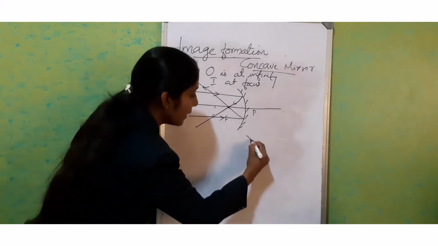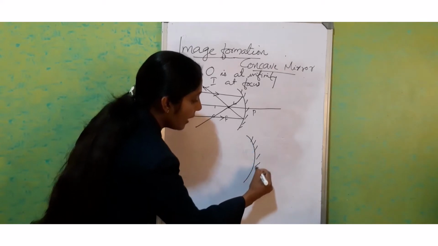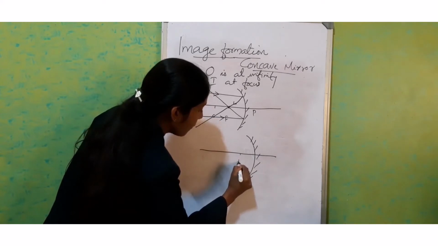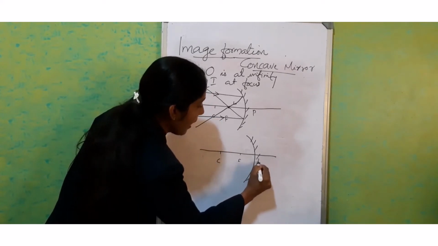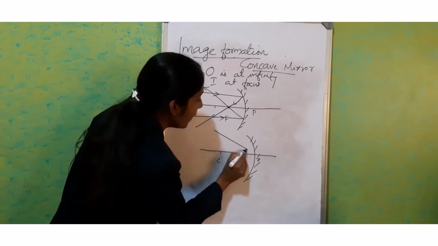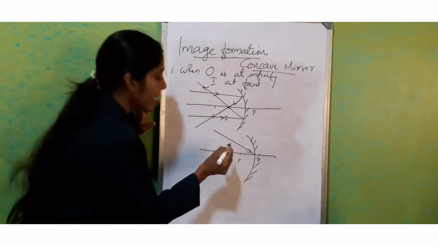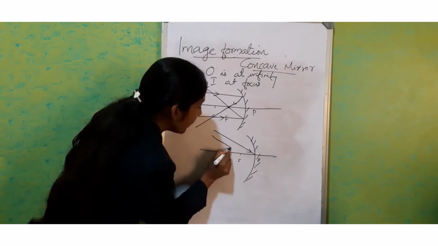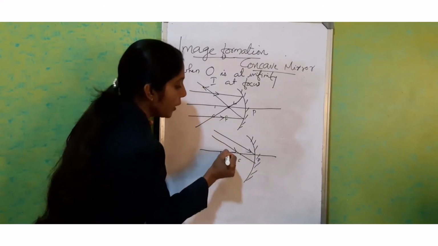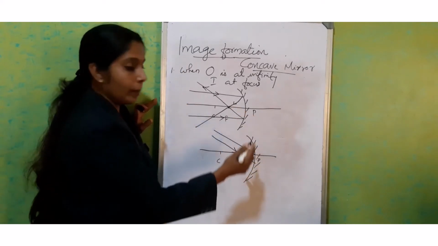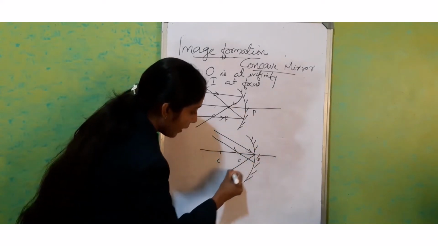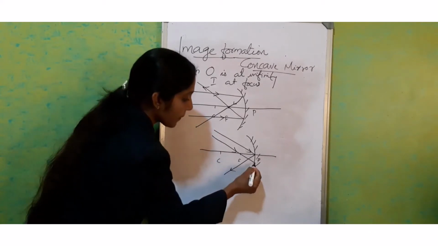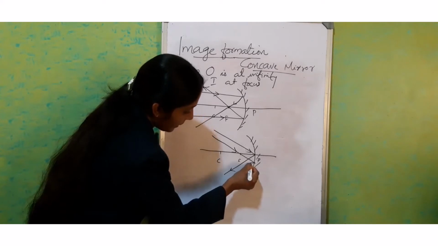If we consider another case where the rays are striking in a different way, with focus, center of curvature and pole marked, one ray is passing this way and another ray is passing through the focus. If the ray is striking the pole, after the reflection it goes with the same angle, and the ray which passes through the focus becomes parallel to the principal axis.